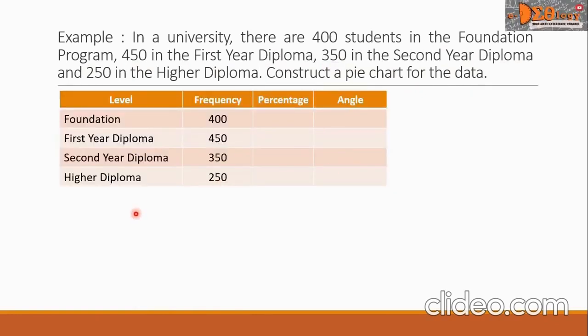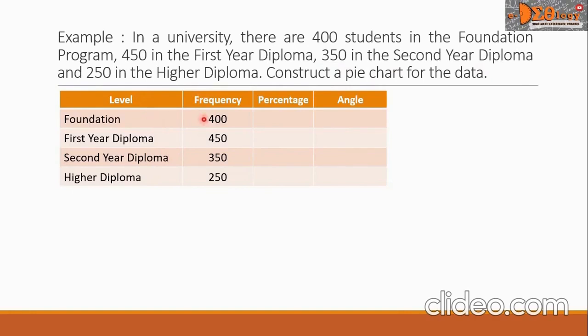It is advisable that we put the data in a table. I have here a table with 4 columns. The first column is reserved for the level, and the levels are foundation, first year diploma, second-year diploma, and higher diploma. The next column is for the frequency.